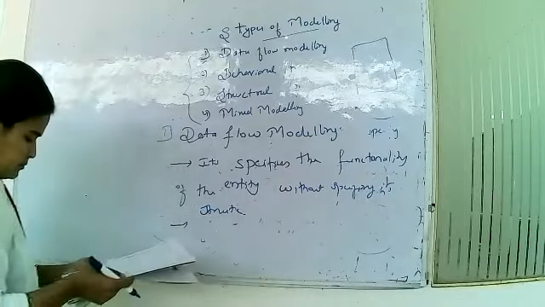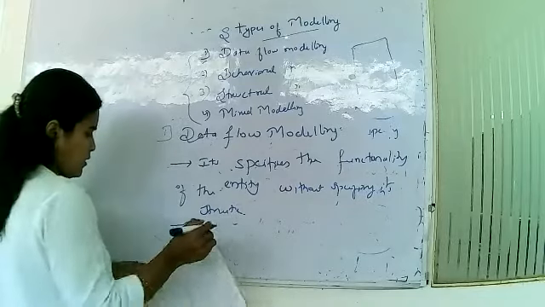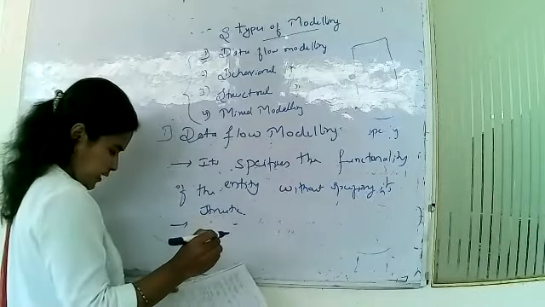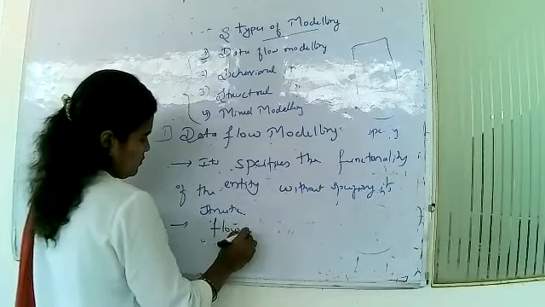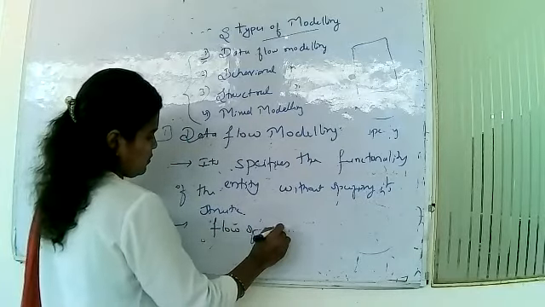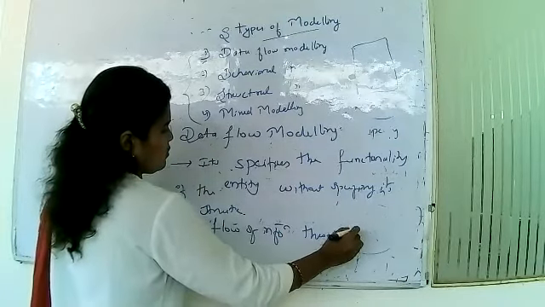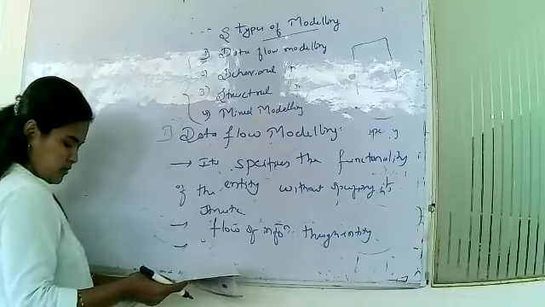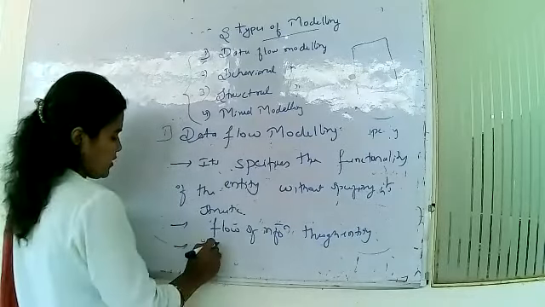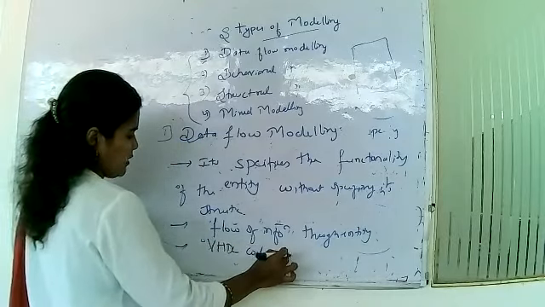The next point is that its function is the data flow of information through the entity. And the third one is that the VHDL code in this is concurrent.